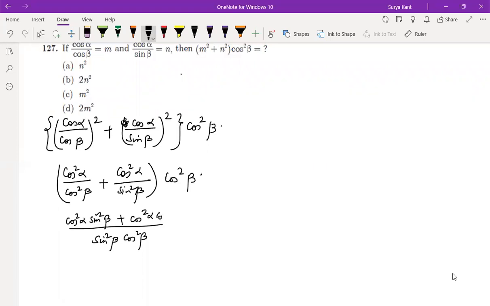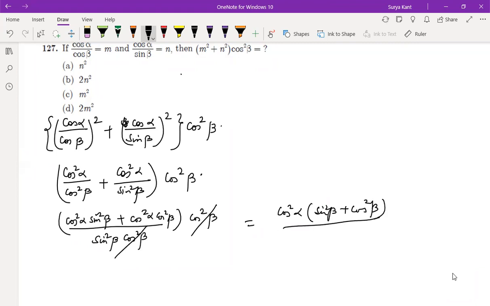Cos square beta will cancel. From the numerator, you can take cos square alpha common, sin square beta plus cos square beta, whole divided by sin square beta, right? So this becomes 1, the cos square alpha by sin square beta. What is that? Cos alpha by sin beta whole square, and this is n square, correct? Yeah, correct. Chanchal and Hemant, is it clear to you or not?